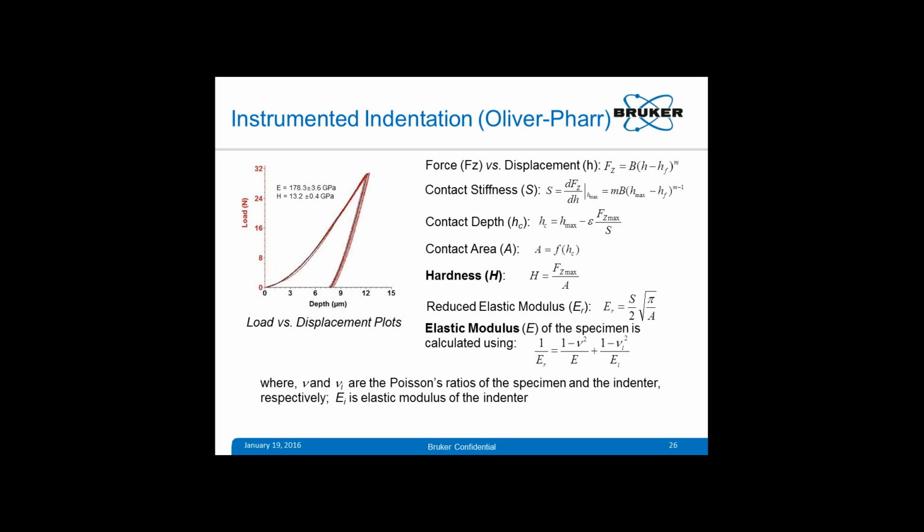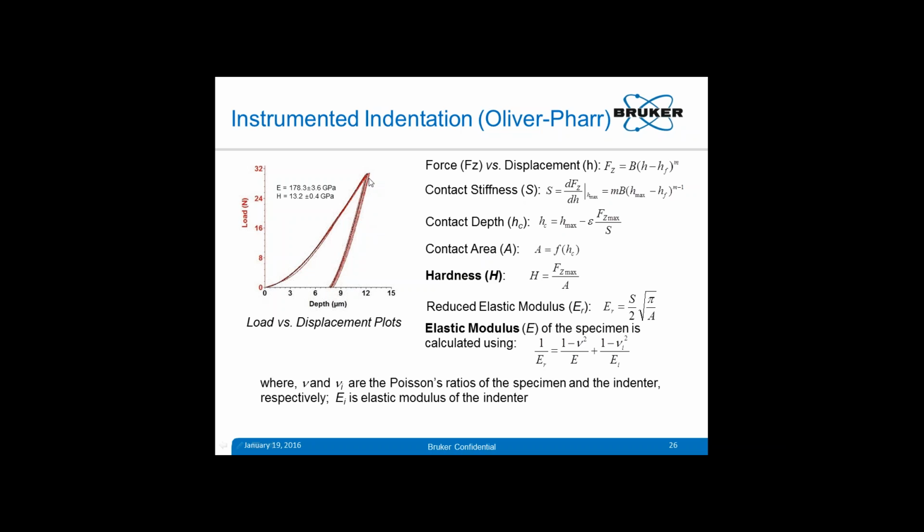Instrumented indentation testing is basically done using the Oliver-Pharr methodology, where the specimen is evaluated using a tip with known geometry and applied load, and we get a load displacement plot. From the load displacement plot, we measure the contact stiffness at the maximum load and the contact area, which is a function of the contact depth, calculated based on this data.